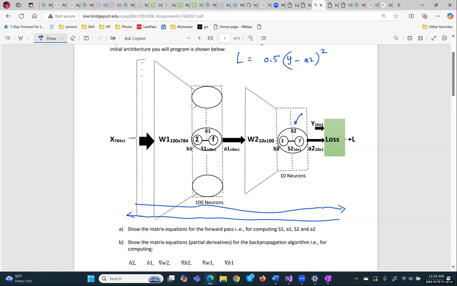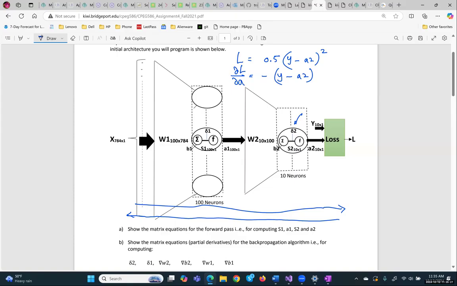How will we do partial L over partial A2? The 2 cancels the 0.5, and as we discussed, this will be minus Y minus A2, correct?